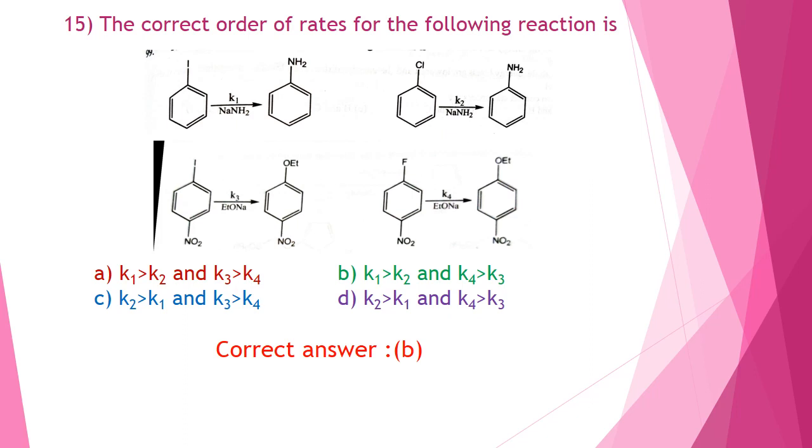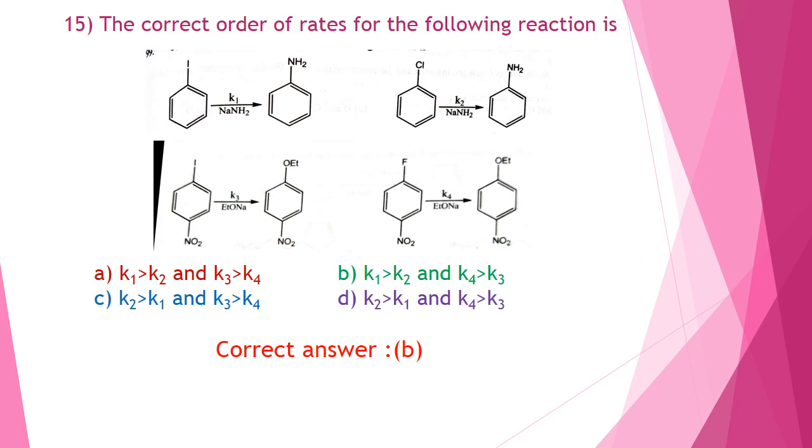Question number 15. The correct order of the rate of the following reactions. Here two types of reactions are given. The first two follow the benzyne mechanism. The second two, 3 and 4, follow the SNAr mechanism. Here we are going to consider reactions 1 and 2. The I group is a better leaving group than Cl. Therefore, the rate of K1 is greater than K2.